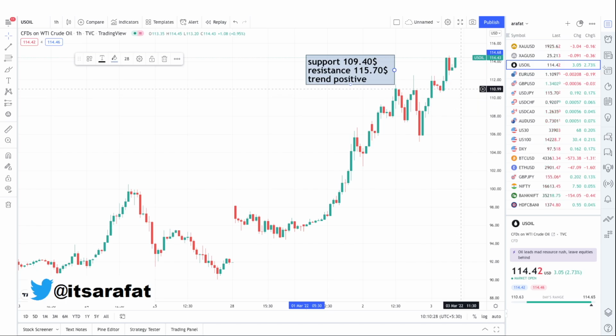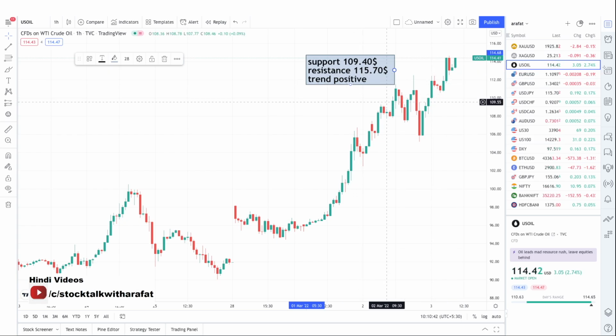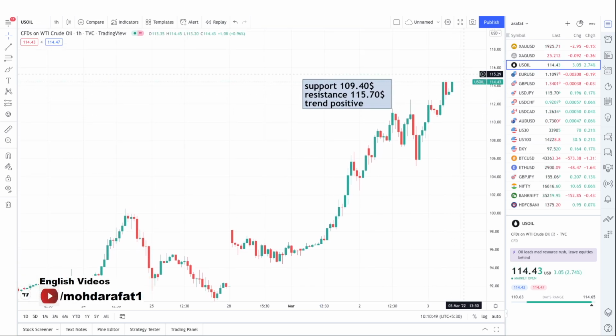Yes, the support is very far from the current market price. If oil breaks and sustains below this support, then only we might see a little bit of selling up to 108 and 106. I will update these levels in my live stream, so make sure you watch the live stream in the evening. Resistance at $115.70. Above this resistance, expect 118 and $120.